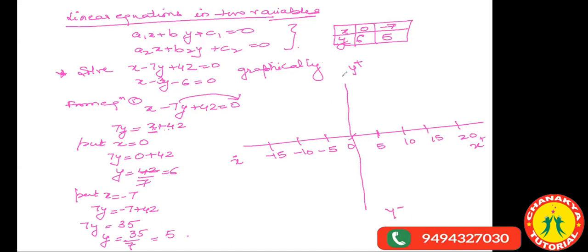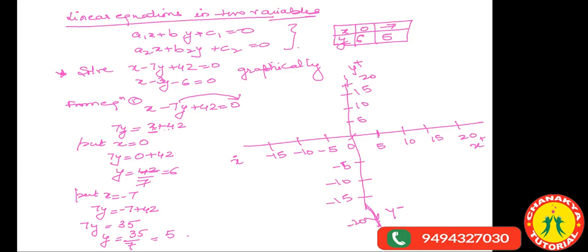Yes, children? Understood, beta? In ninth class, you have learned this thing. Now on the y-axis also, this is 5, 10, 15, 20. You can write here minus 5, minus 10, minus 15, and minus 20. Right?